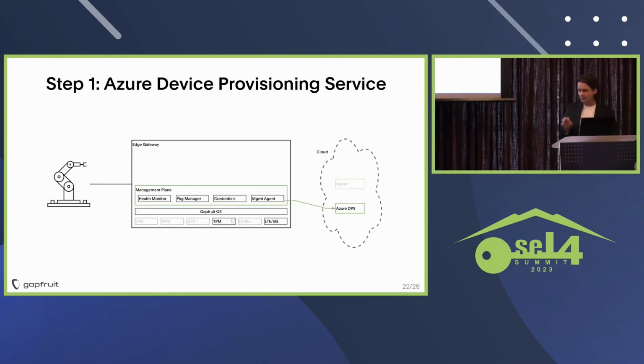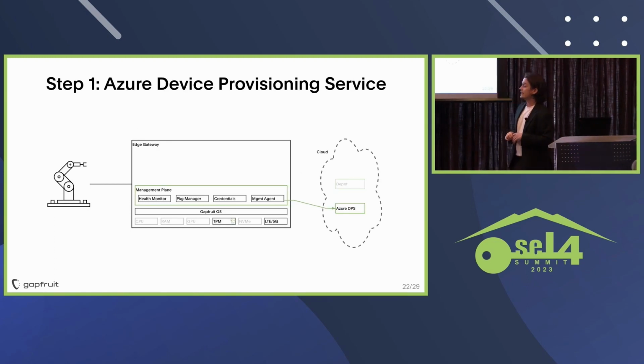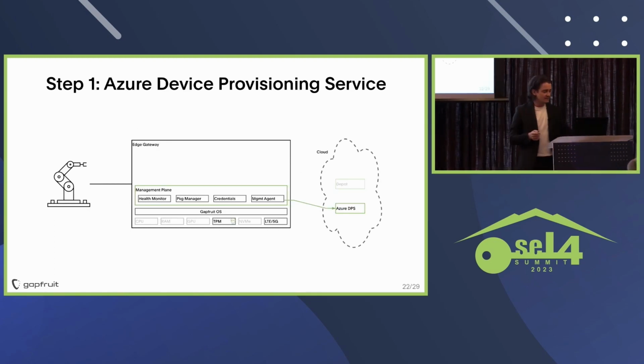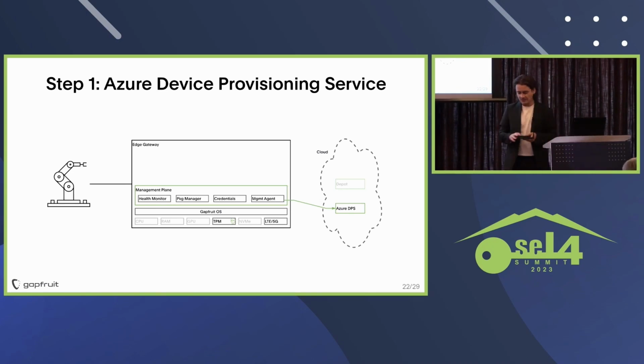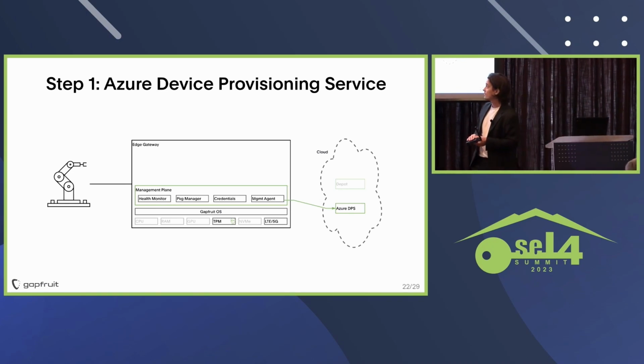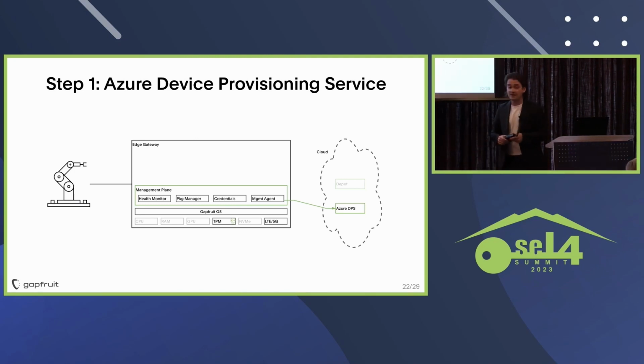I'm going to go through every step. So step one is the device is provisioned physically and is being shipped to the factory. It's being installed by the robot, and then we're booting it, and it connects over LTE to Azure DPS. On Azure DPS, we define an initial desired state that every device in my cluster should have.